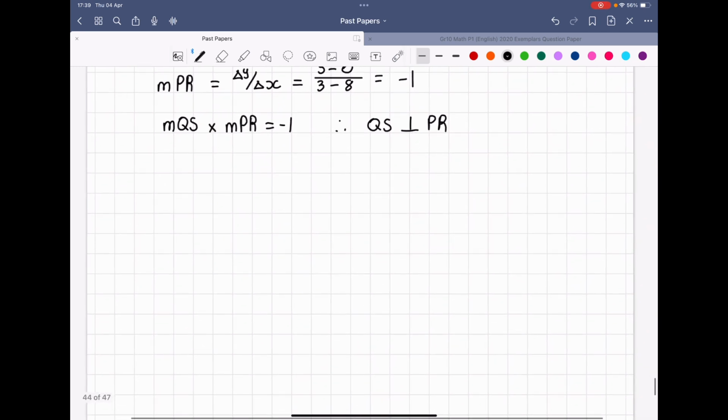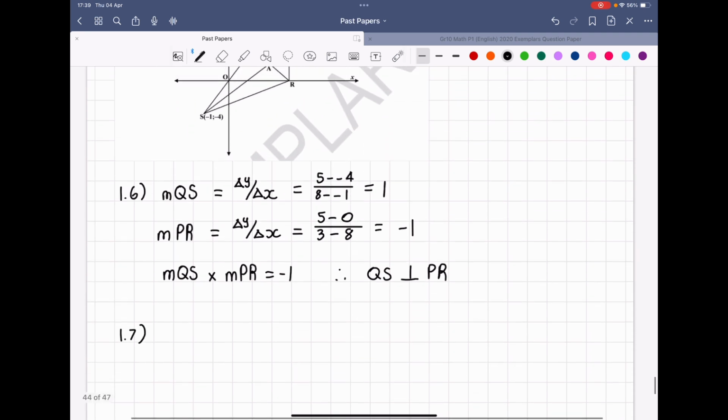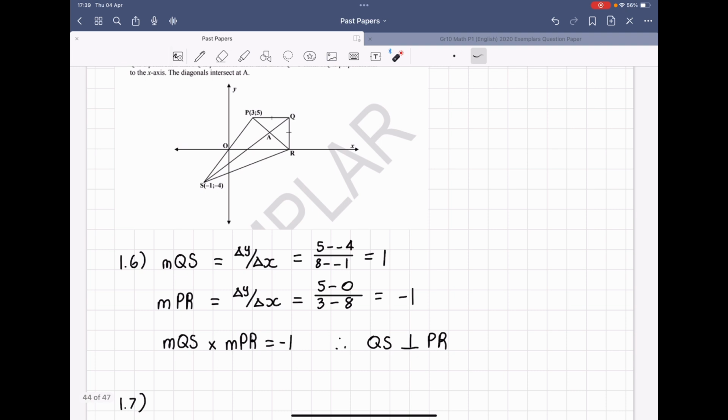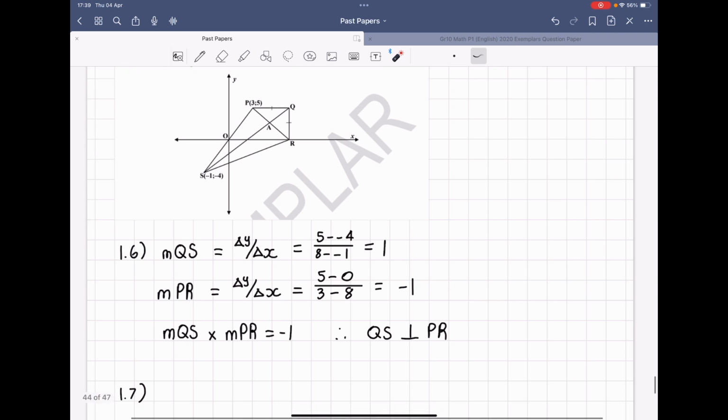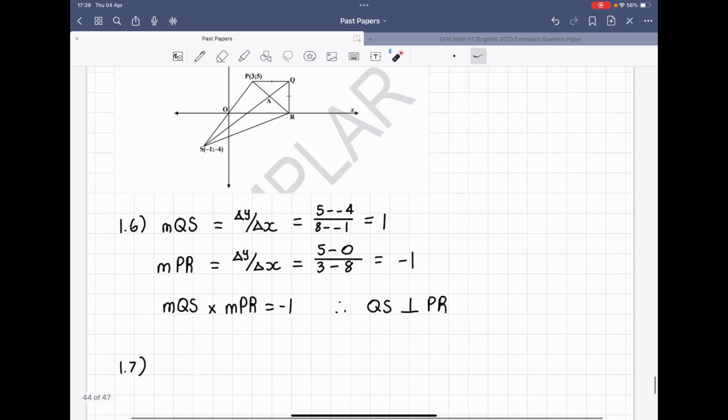And then the final part of this question, 1.7, is to show that PSR, this one, is an isosceles triangle. Alright, so that means that these opposite sides must be equal.